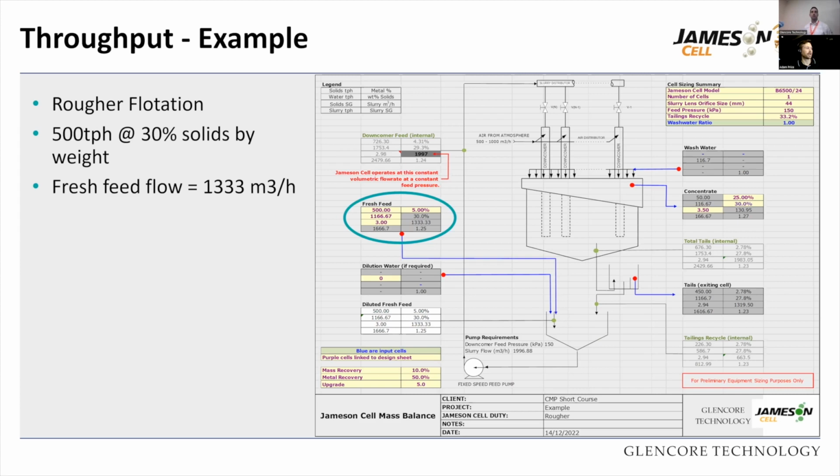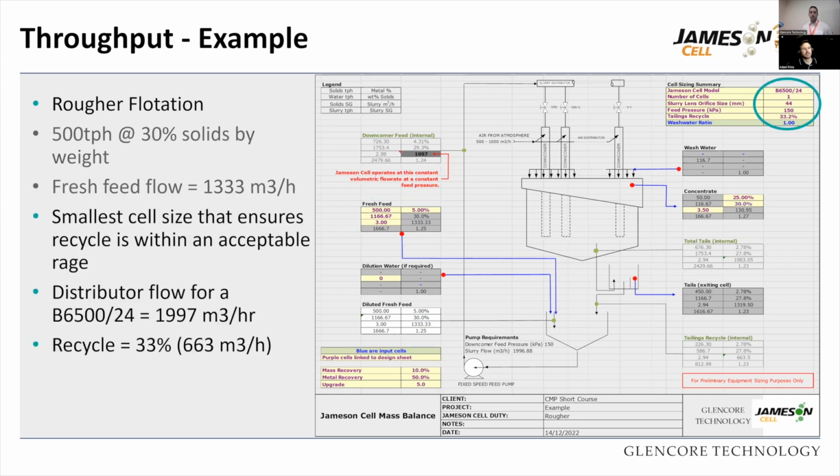In this scenario, we have 500 tonnes per hour of feed at 30% feed solids. Working off that, we've got a volumetric slurry flow of around 1,333 meters cubed per hour.